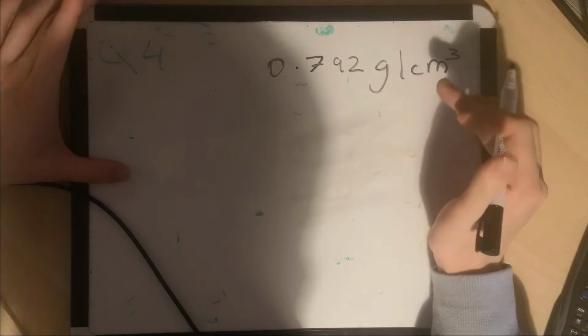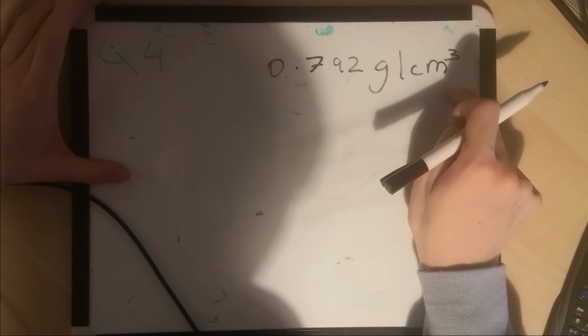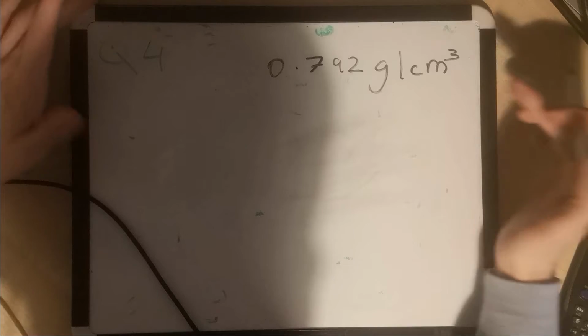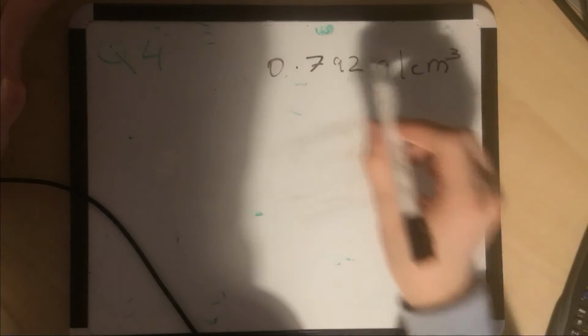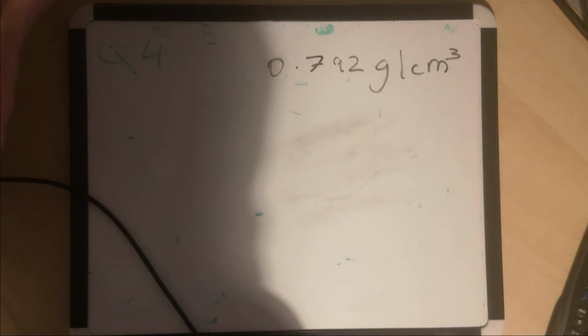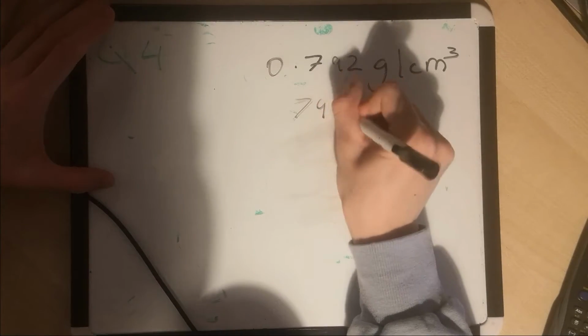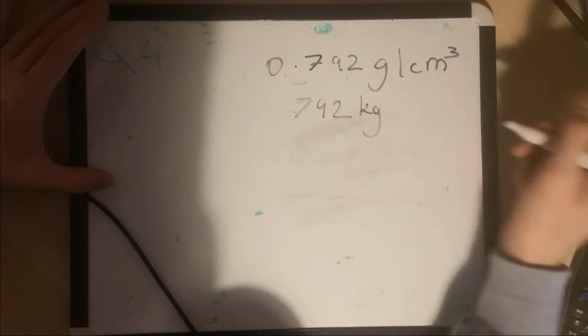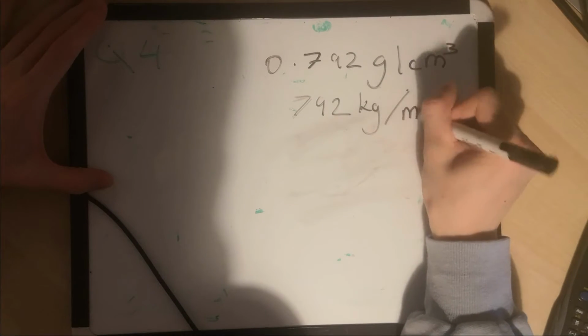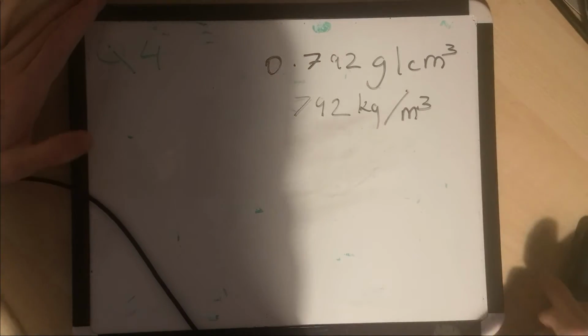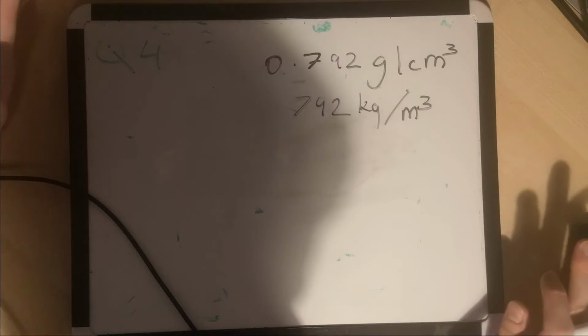This is a fraction, so what we do to the bottom, we must do to the top to maintain our ratio. Multiplying by 100 cubed gives us 792 kilograms per meter cubed.